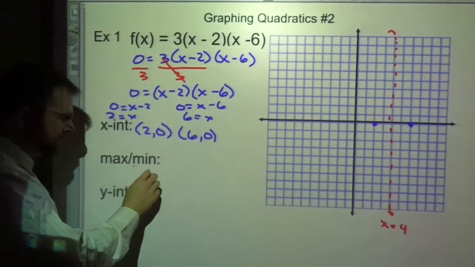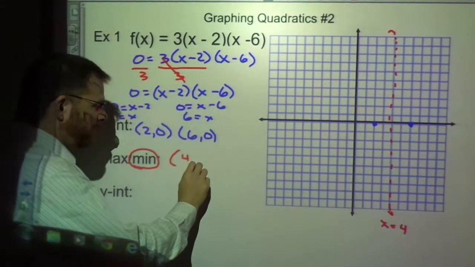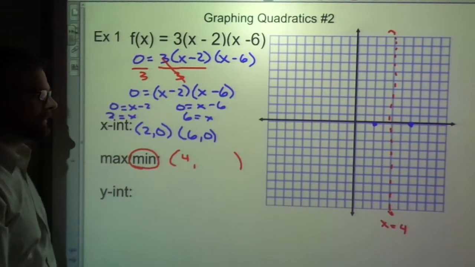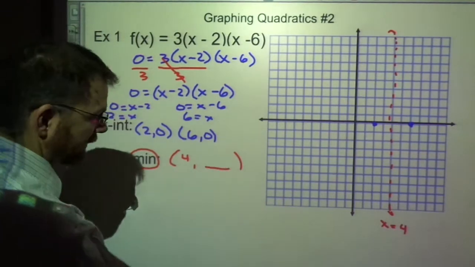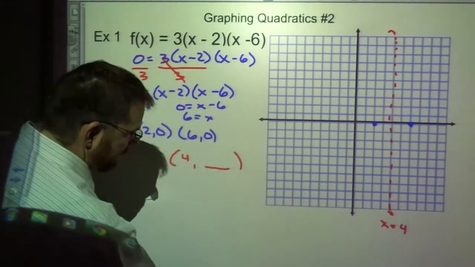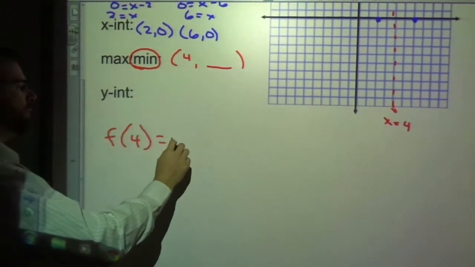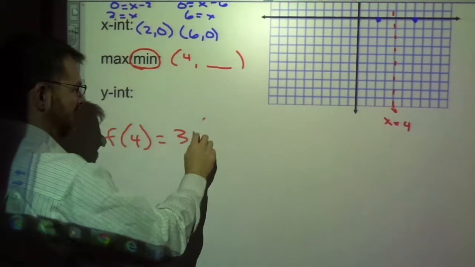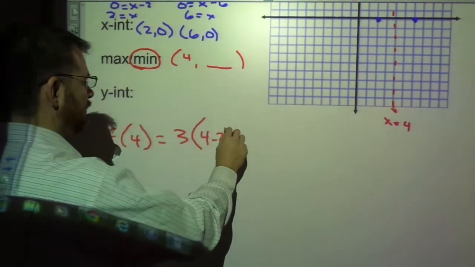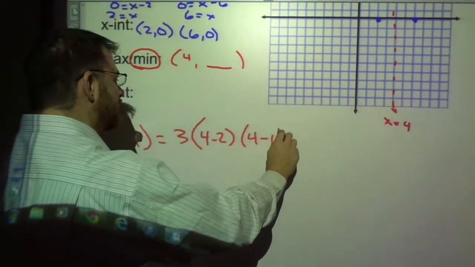So I know it's going to be a minimum, and it's going to be for something. And the something I still need to find. I can find that something by plugging in 4 into my function and find, what is the value of the function when x is 4? So I plug in 4 minus 2 and 4 minus 6.